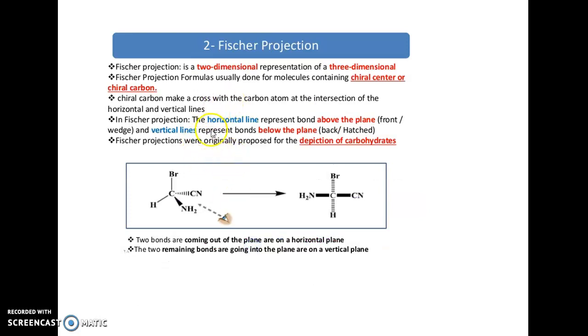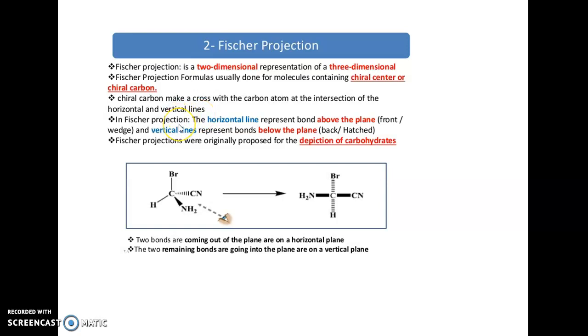So next is the Fischer projection. This is a 2-dimensional representation of a 3-dimensional molecule, and Fischer projections are usually done for molecules containing a chiral carbon atom. The chiral carbon makes a cross, with the carbon atom at the intersection of the horizontal and vertical lines.